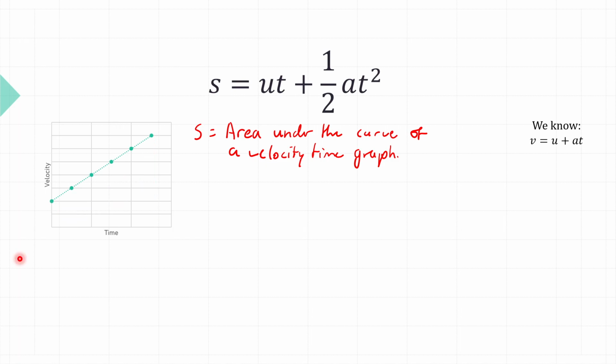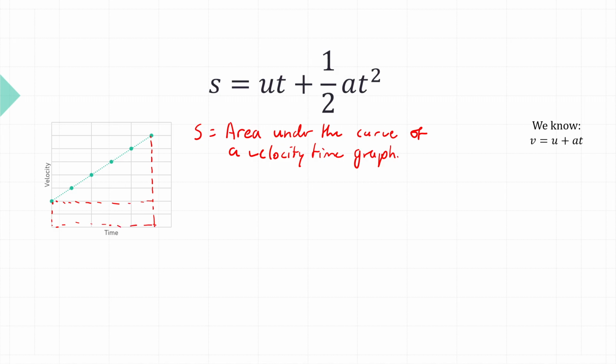Now, there are a couple of ways that we can calculate and determine the area underneath that curve. The first way, and the way that we're going to do it for this kinematic equation, is by splitting our curve into 2 familiar sections. We now have a rectangle and a triangle.